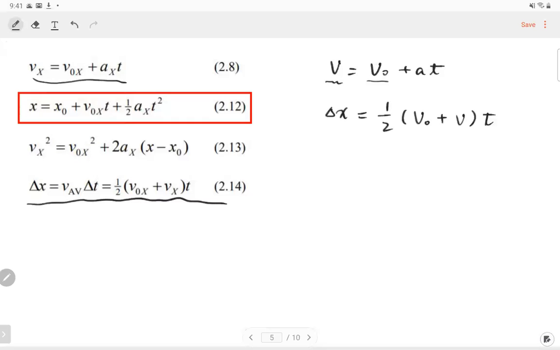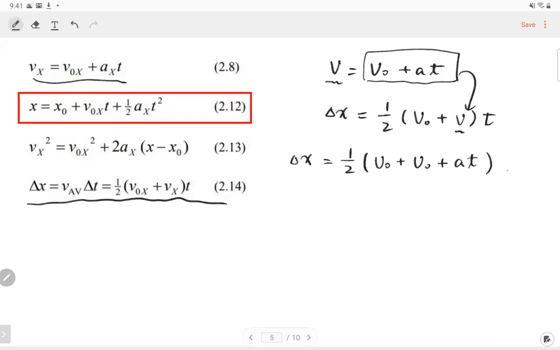Then let's plug this into here. We're going to replace the final velocity. So we have delta x equals 1/2 (V0 plus V0 plus AT) times t. So we just replace V by V0 plus AT.